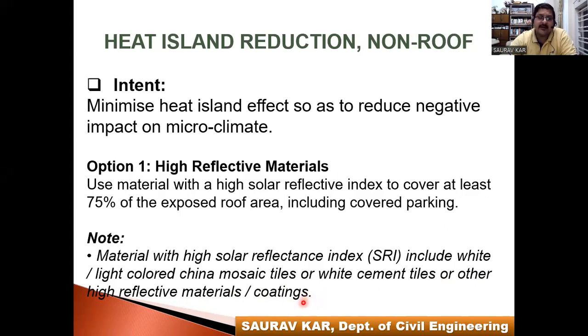It was L&T, not L&T, Ultratech, I'm very sorry, Ultratech did a test experiment on a particular stretch of road in the IIT KGP campus, and they observed that a huge amount of heat is saved.